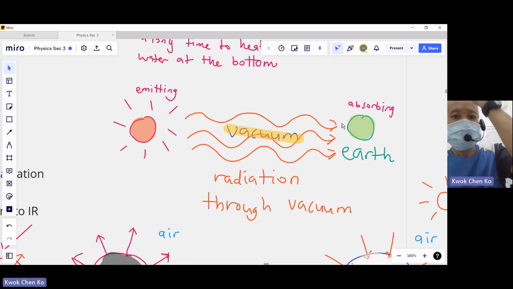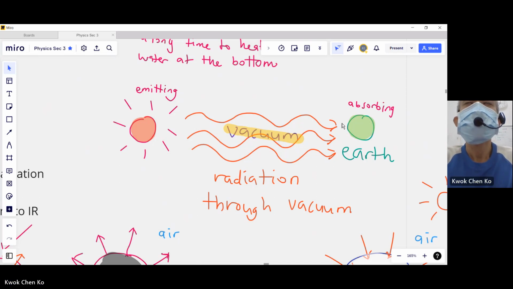Why write this now? It has come up before. They talk about the sun, earth, and what's in between. In between will be outer space, which is a vacuum.